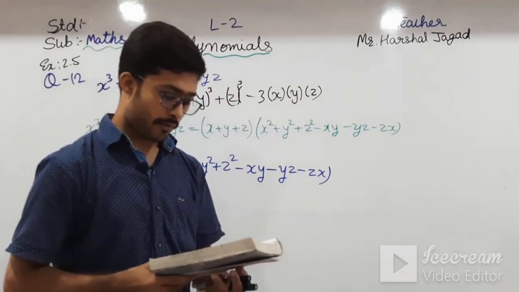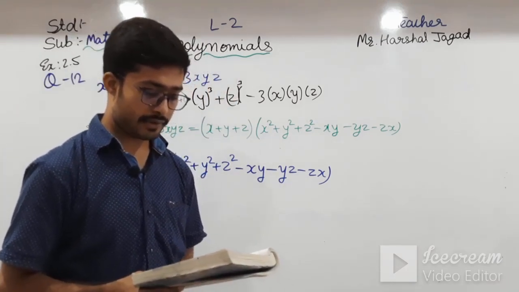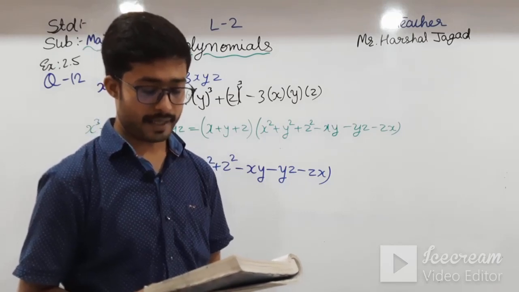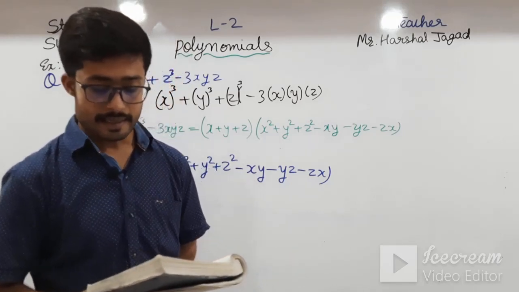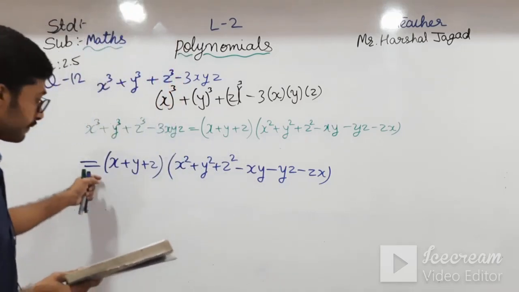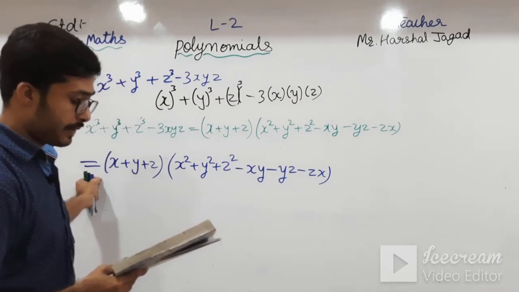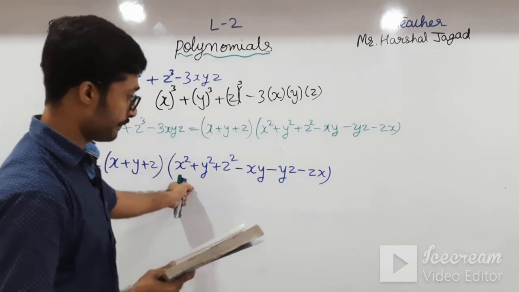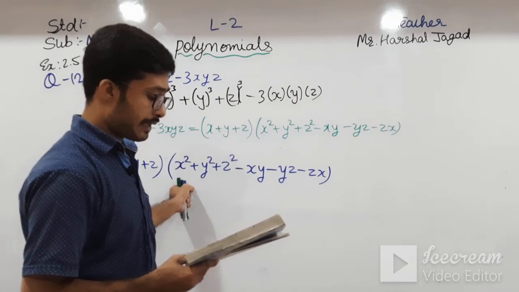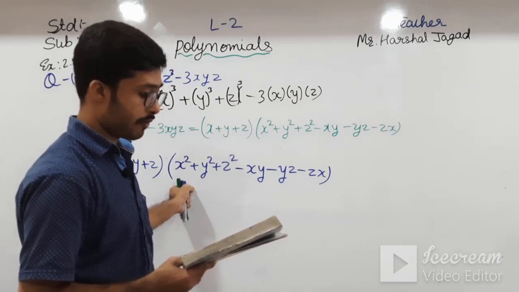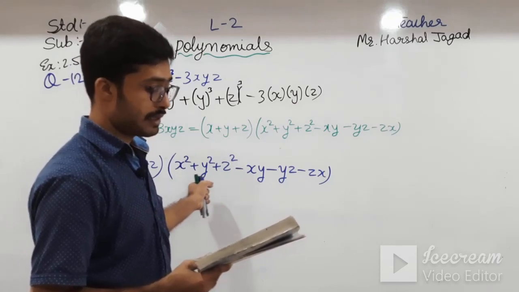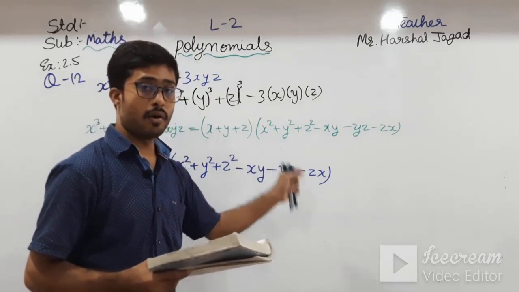See question number 12, verify that x cube plus y cube plus z cube minus 3xyz is equal to half x plus y plus z into the bracket x minus y the whole square plus y minus z the whole square plus z minus x the whole square.